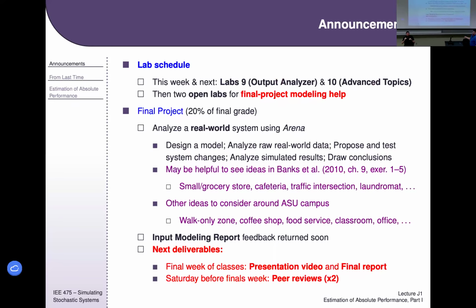And then in Lab 10, you get some more advanced tools. So the big thing about Lab 10 is to learn about tools that make it easy to automate experiments. Let's say you've got your final project and you want to figure out, if I've got a number of kiosks that I've installed at this bank, I want to test it at 2 kiosks, 4 kiosks, and 6 kiosks.